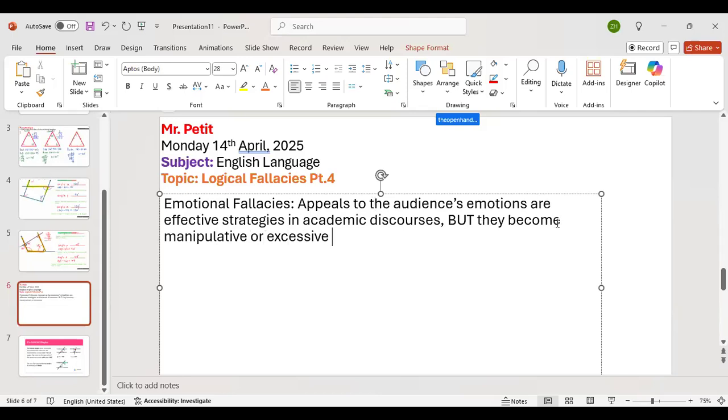When they become manipulative or excessive, they undermine the argument and are fallacious.